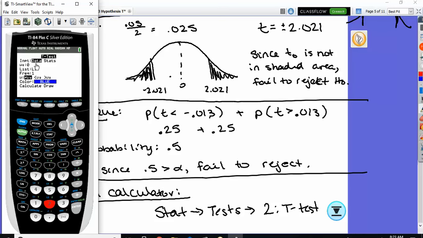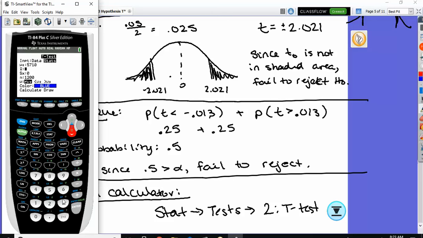So it gives us the option to base this off data. That would be like if you had a list, I just gave you a bunch of numbers and you put them in your L1. Or we want to base ours off stats. So then it asks us some questions. Mu sub 0, that's the mean of the null hypothesis. So my null was 5710.